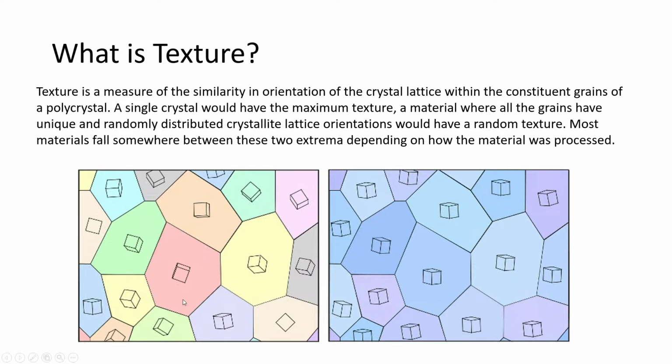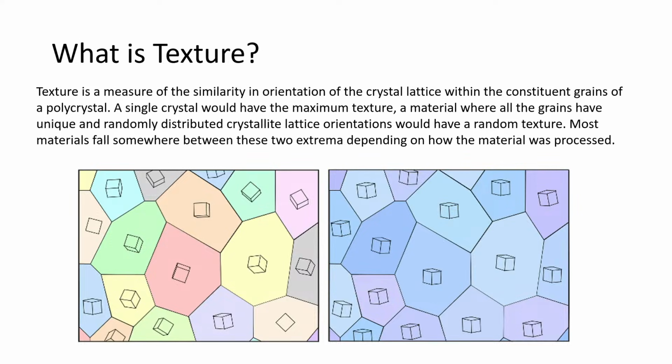If you have crystallites in grains where the lattice orientation is randomly oriented, changing from one to another with the same probability, then we would consider that a random texture or a uniform texture. Sometimes you'll hear people argue about the difference between a uniform texture and a random texture.